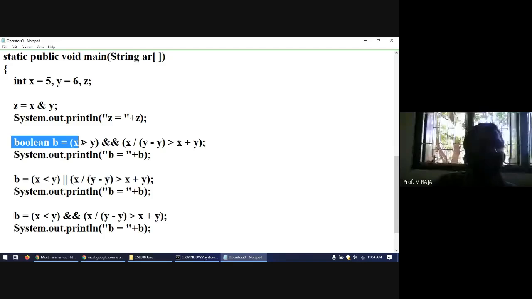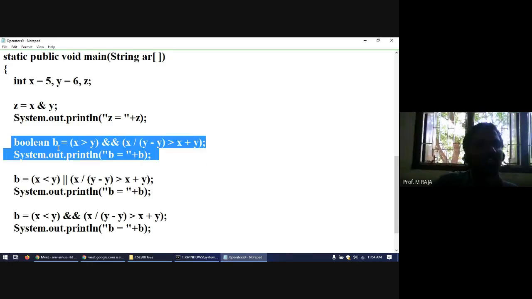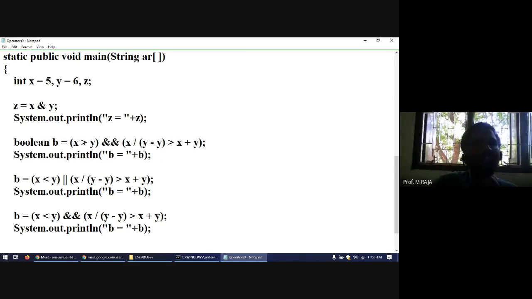Now have a look at these two lines. Boolean b is equal to x greater than y, short circuit AND, and some expression. A relational expression is written. In this case, what happens? x greater than y means 5 greater than 6. What is 5 greater than 6?